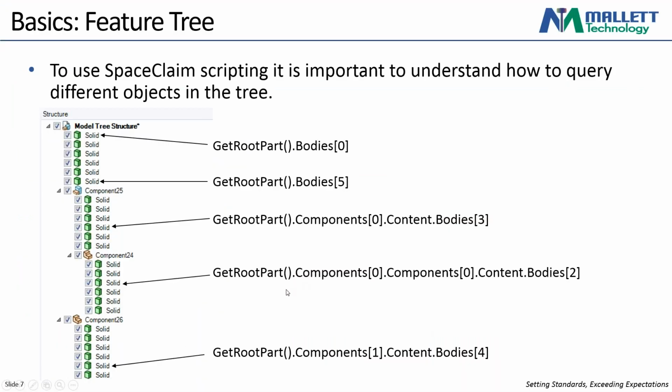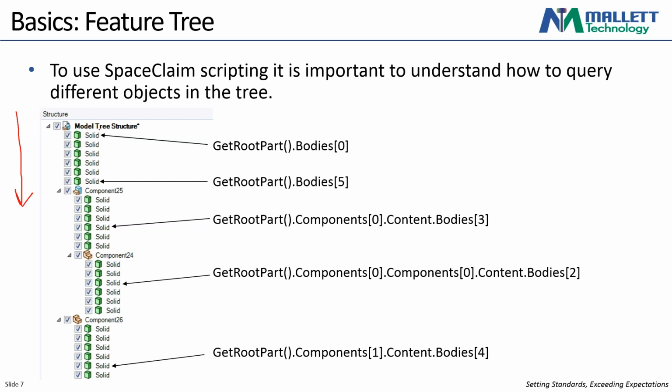The next part that's good to know for interacting with the SpaceClaim scripting tool is understanding how to access different parts and different features of different parts. I'll show this pretty much this exact same example in SpaceClaim itself in a second. The way SpaceClaim indexes bodies is a top-down approach in the model structure tree.